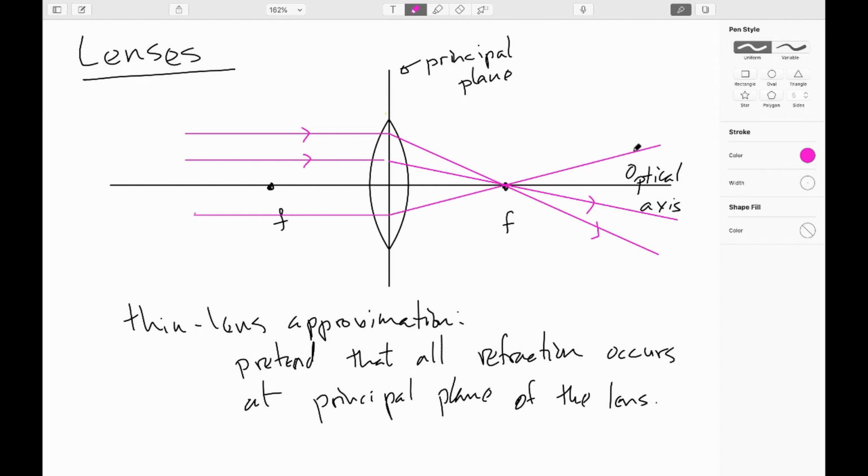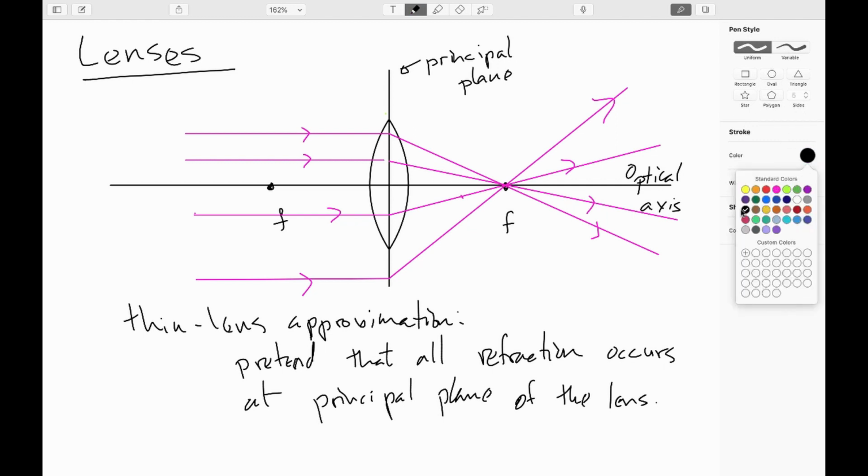And just to make a point, when we do constructions, sometimes the ray you draw doesn't actually hit the physical lens. For purposes of a construction, you can still pretend that it goes through. So this ray doesn't actually happen, but you can pretend that it happened.